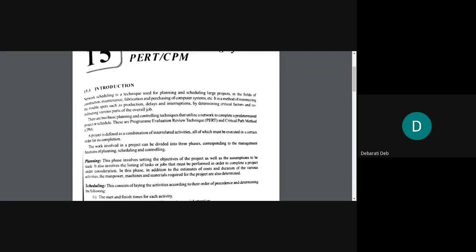They are two basic planning and controlling techniques that utilize a network to complete a predetermined project or schedule. PERT stands for Program Evaluation Review Technique, and CPM stands for Critical Path Method. Basically, in this chapter, you will have to learn these two techniques properly.